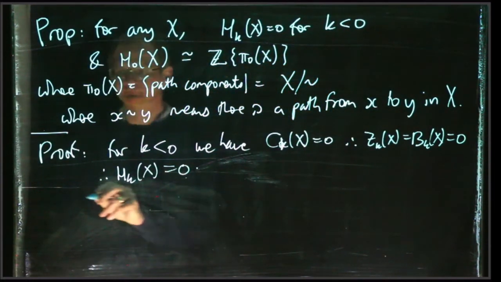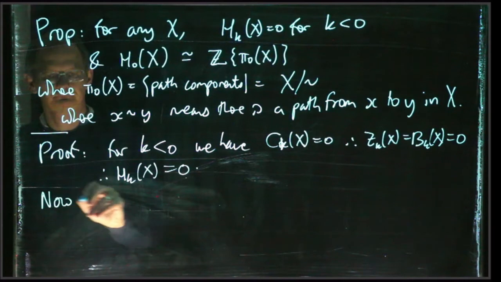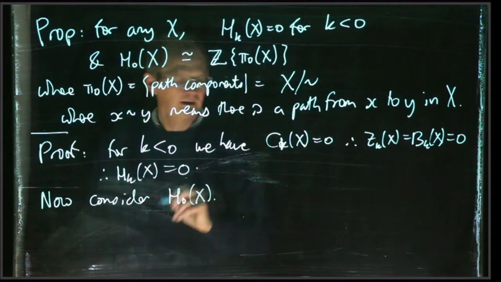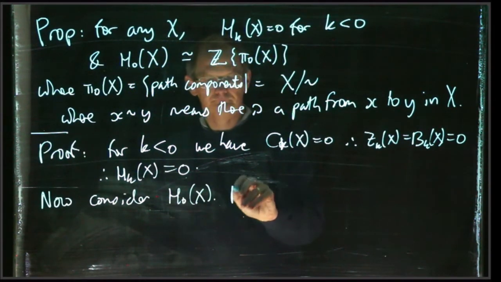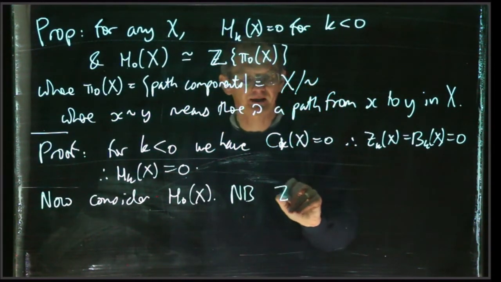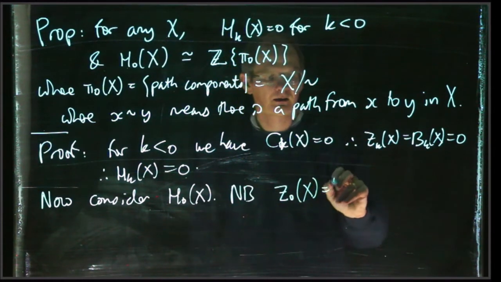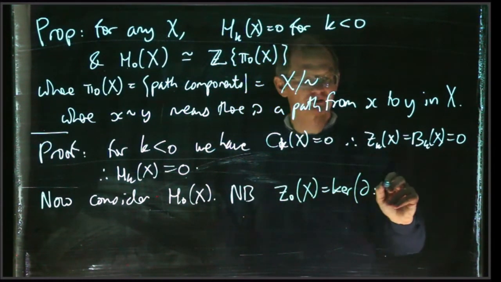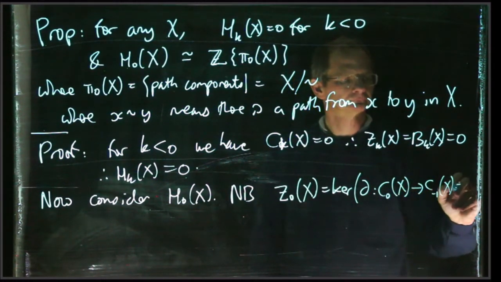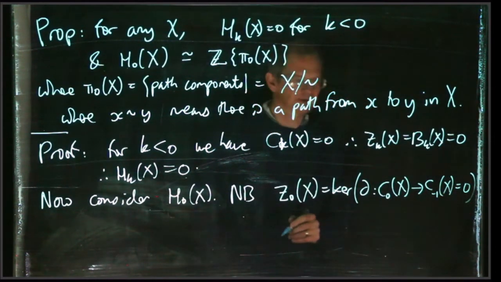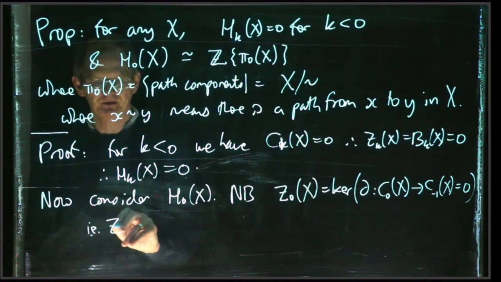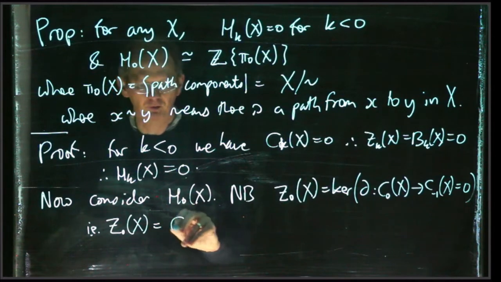Okay, so H_0(X), that's Z_0 mod B_0. So what's Z_0(X)? That's the kernel of the differential going from C_0(X) to C_{-1}(X). Your Z_0(X) is just the whole of C_0(X), right?